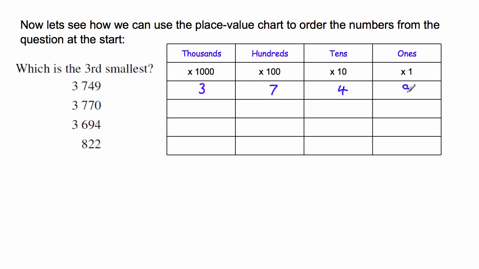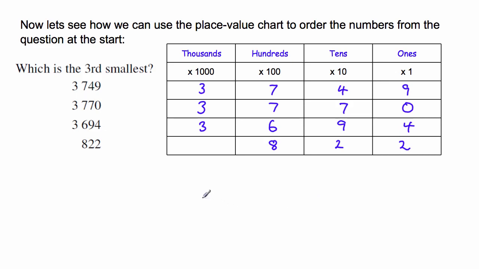Then we have 3,770, 3,694. And now we have to be careful with the 822. There are no thousands, so we have 8 and 22, 822.